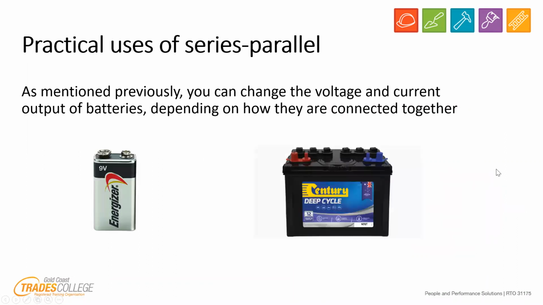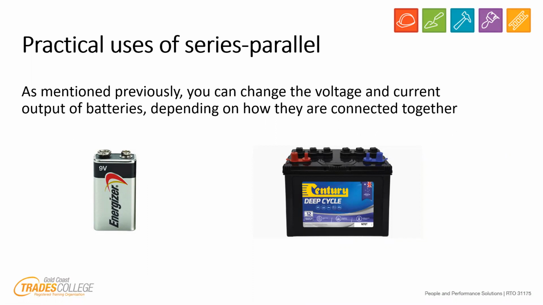Okay, so practical uses, which there's another example in your assessment. It asks for where you would use these types of circuits. So series parallel circuits, an example is batteries. We've discussed previously that if you connect batteries in series, you add up the voltage, but not the amp hours. So amp hours is how long a battery lasts.